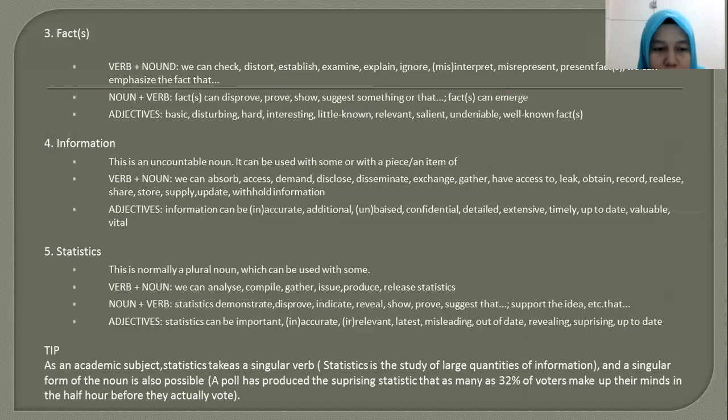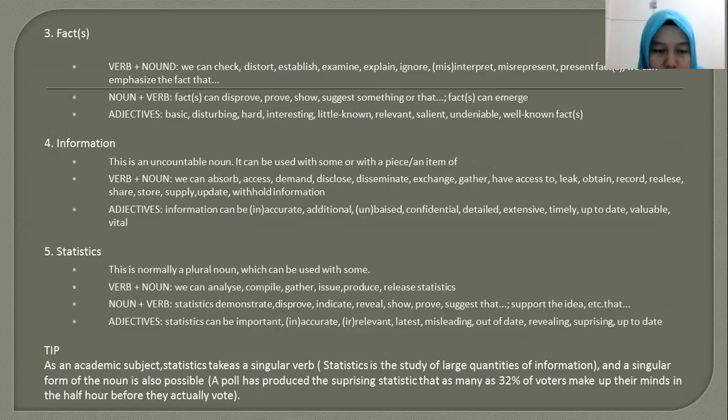Noun plus verb: statistics demonstrate, disprove, indicate, reveal, show, prove, suggest that, support the idea that. Adjectives: statistics can be important, inaccurate, irrelevant, latest, misleading, out of date, revealing, surprising, up to date.